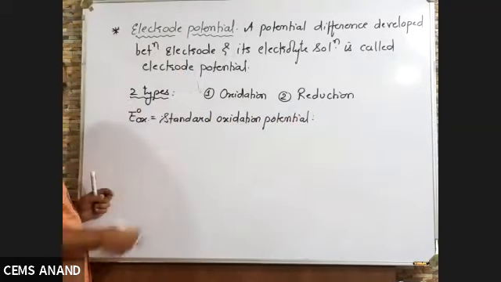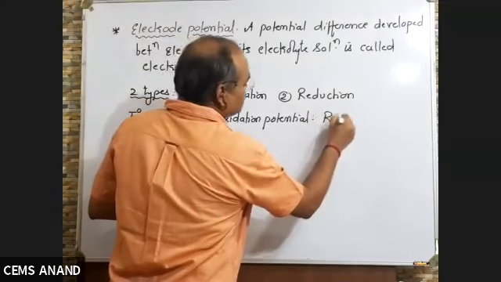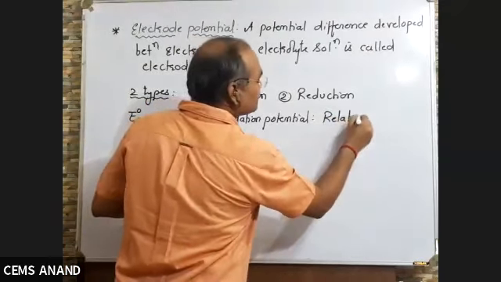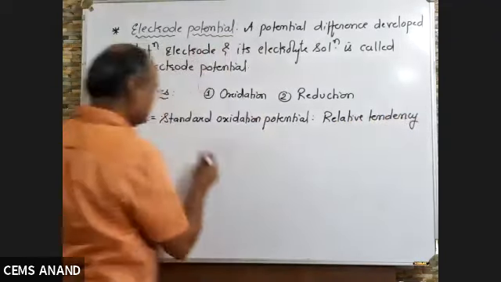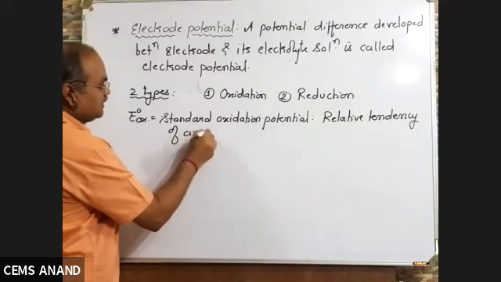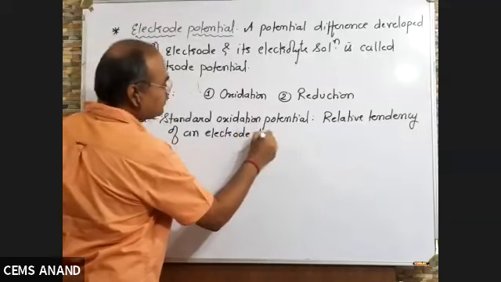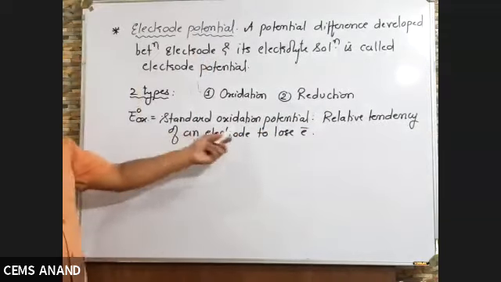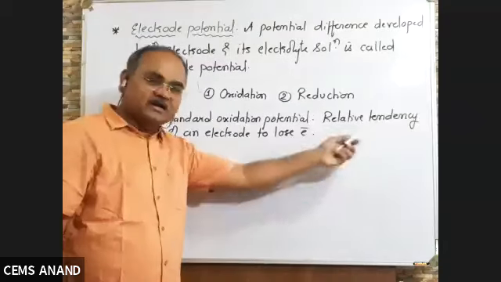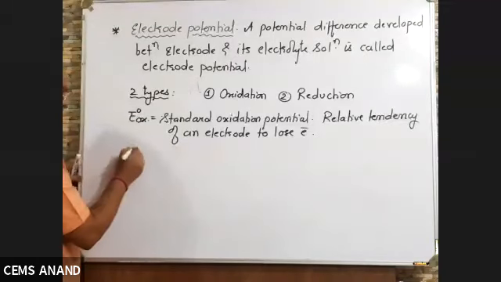Now, what is standard oxidation potential? Relative tendency of an electrode to lose electron. Standard oxidation potential means relative tendency of an electrode to lose electron is called E0OX.